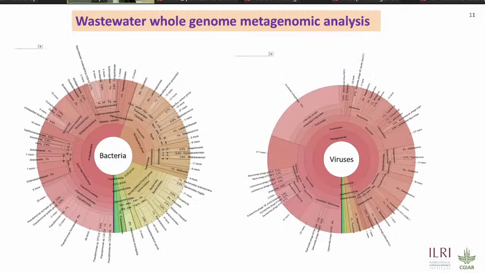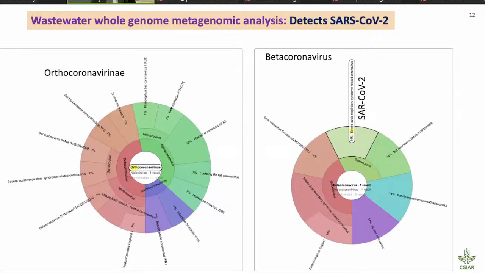So here is brief data that we have generated so far from the samples that we originally collected for SARS-CoV-2, but we have now extended our analysis to include the entire microbiome within those samples. As you can see, you get quite a lot of microbiome in it, bacteria and viruses. And when you zoom into these data sets, you can even pick some of the pathogens of interest.